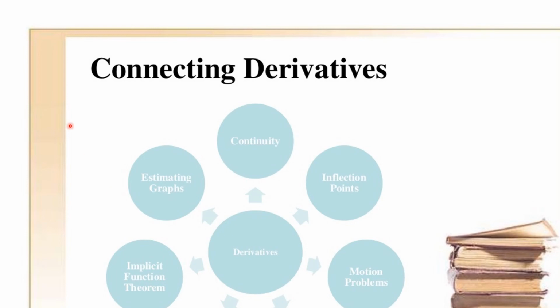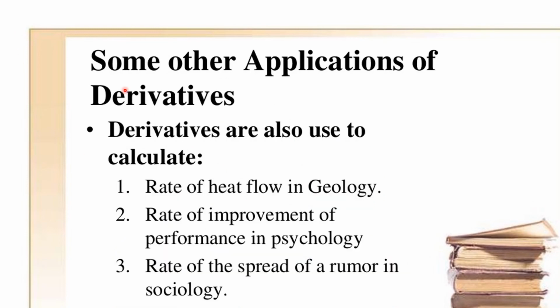See some other applications of derivatives. Derivatives are also used to calculate rate of heat flow in geology, rate of improvement of performance in psychology, and rate of spread of a rumor in sociology. In these areas also we use the concept of derivatives.